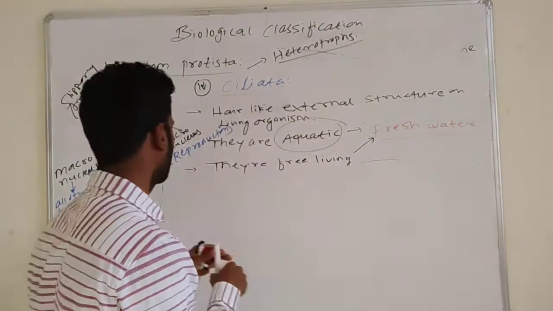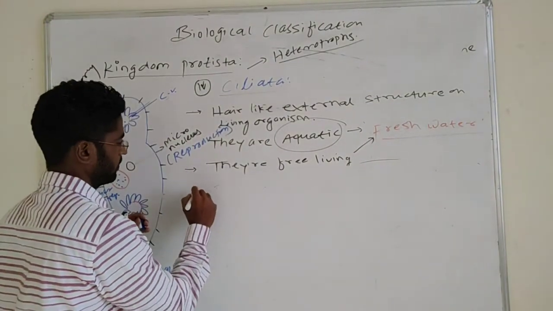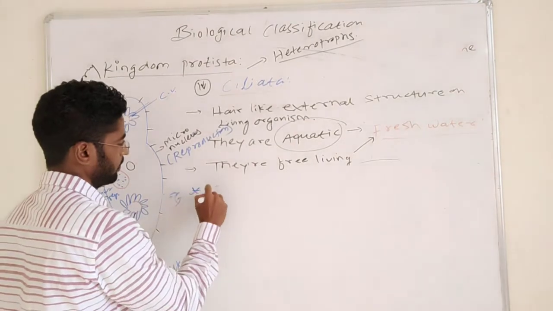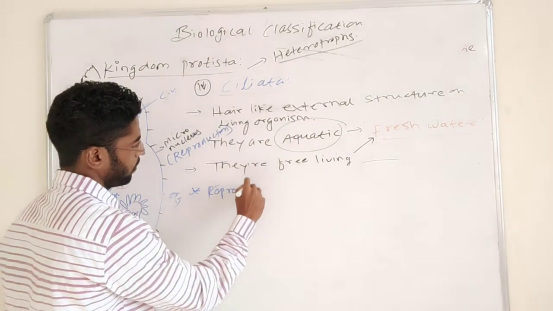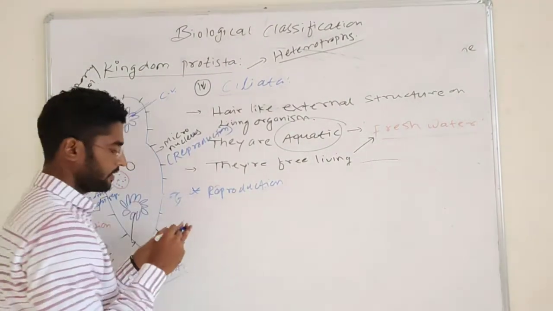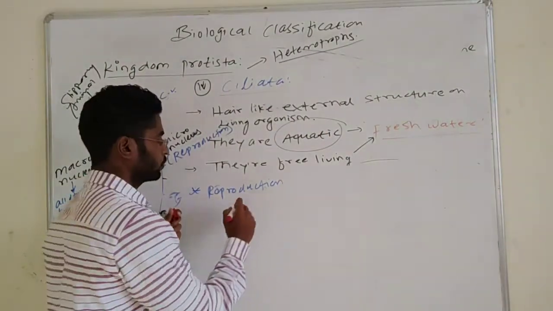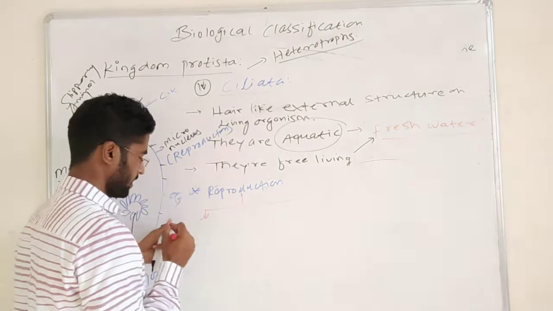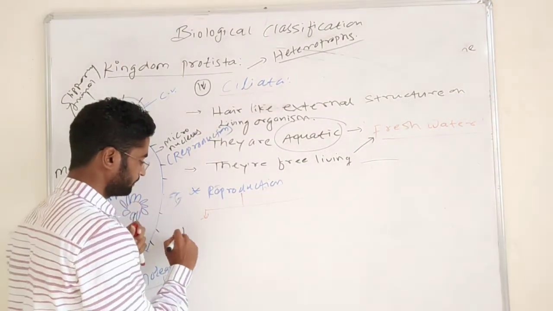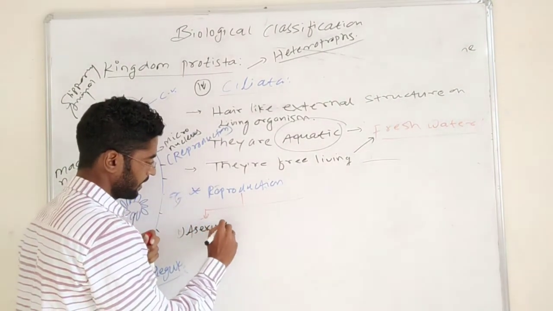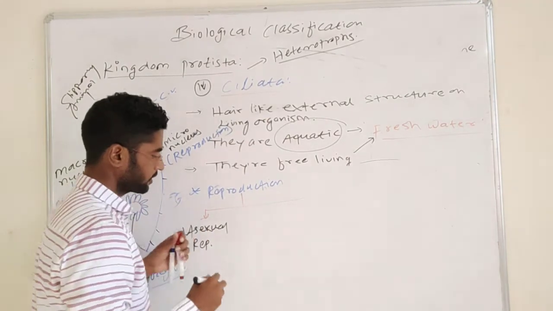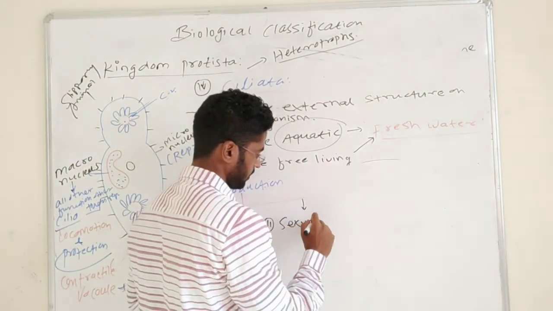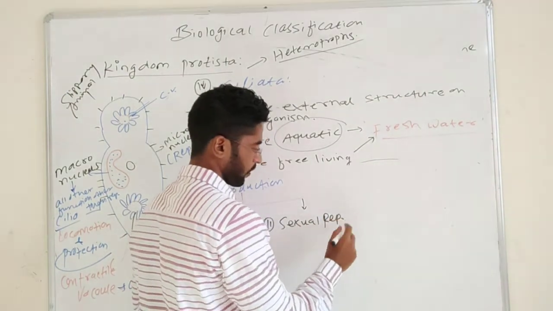The first is asexual reproduction, and the second is sexual reproduction.